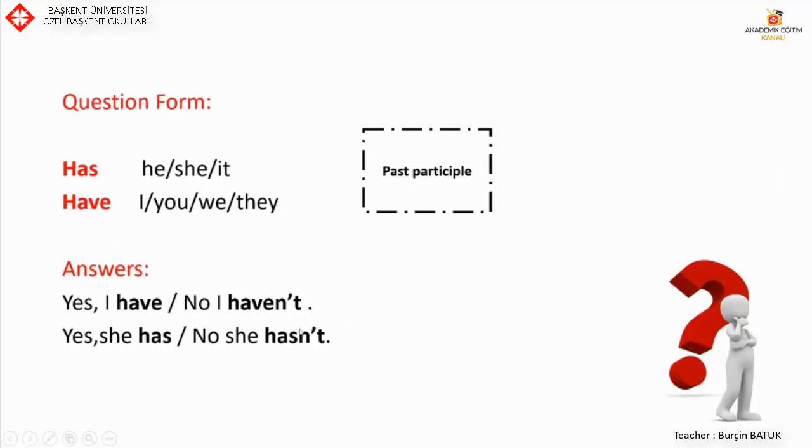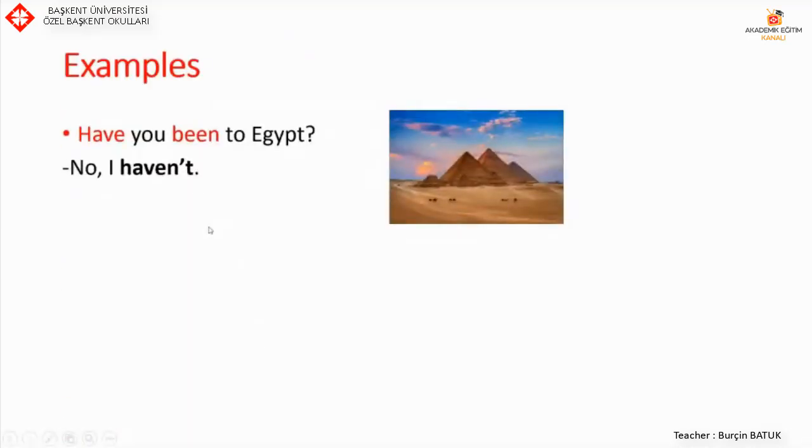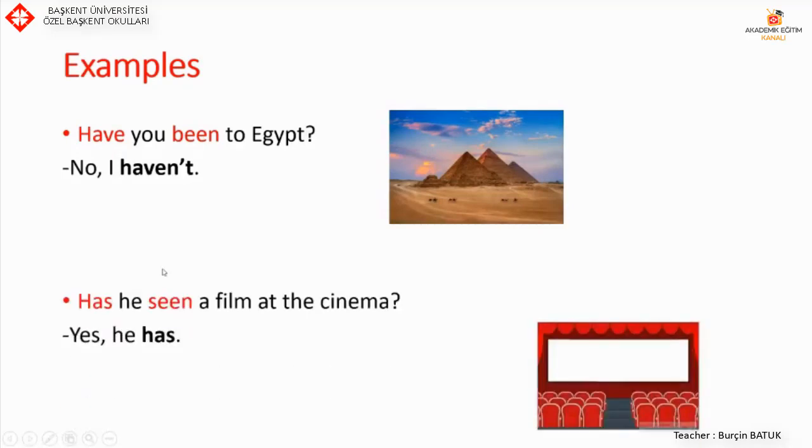The positive and negative, they're changing. And here are the examples for the question sentences. Have you been to Egypt? Daha önce hiç Mısır'da bulundun mu? So look at the answer please. No, I haven't. And this one, has he seen a film at the cinema? Yes, he has. The answer is positive.